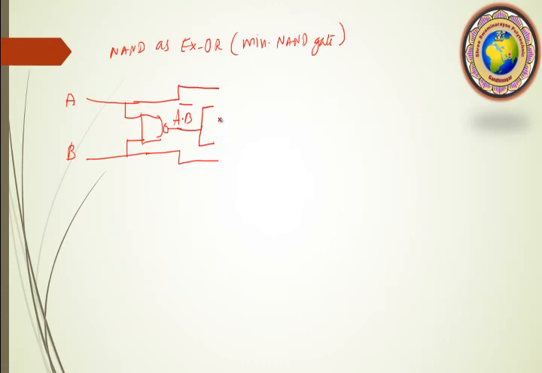Okay, and here I just input another NAND gate, and in the same way here I am using another NAND gate. So what happened? This is A and this is B. So our outputs are (A dot B bar) whole bar, and here B dot (A dot B bar) whole bar.